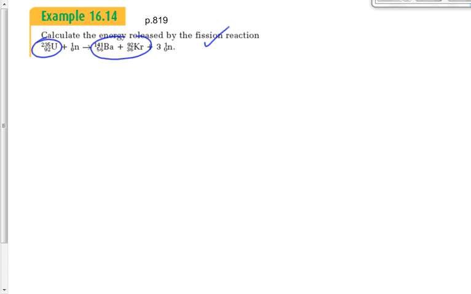So why don't we, in this question, find the mass defect? To get the mass defect, the difference in mass between what we start with and what we finish with, we're going to get the mass of everything. What's the mass of uranium-235 in atomic mass units from page 881?